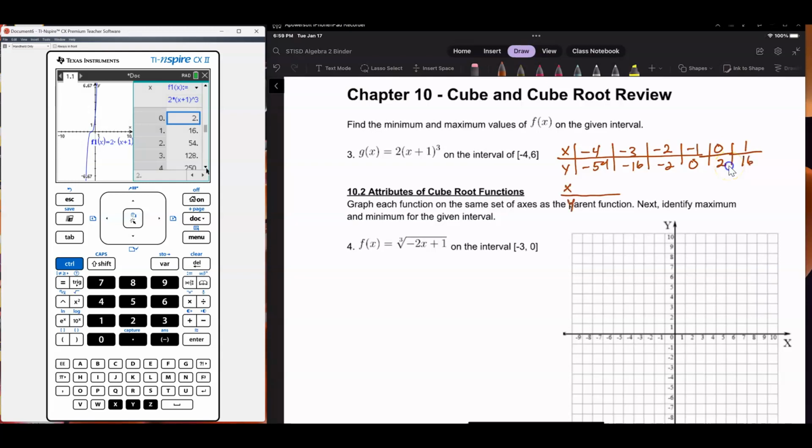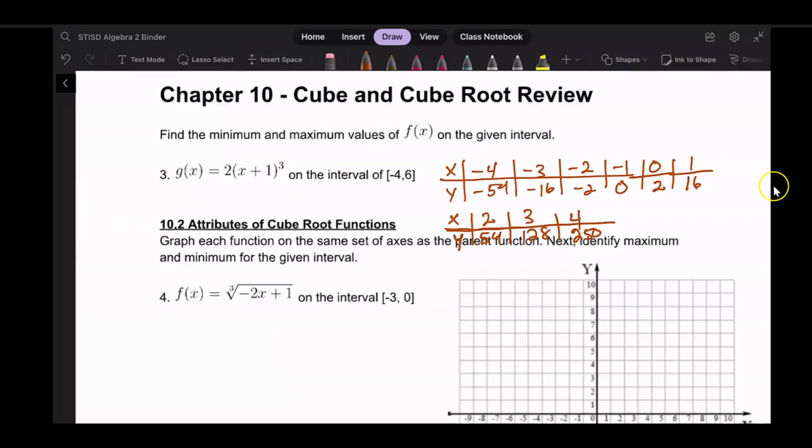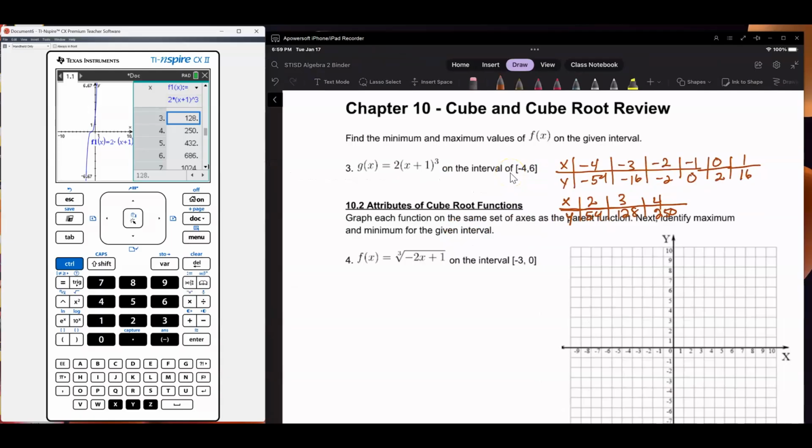I'll continue making my table over here. 2 is 54. 3 is 128. 4 is 250. And then 5 and 6. 5 is 432. And 6 is 686. So 686 is your max, and -4, -54 is your minimum point.